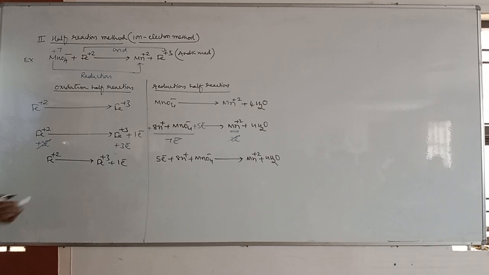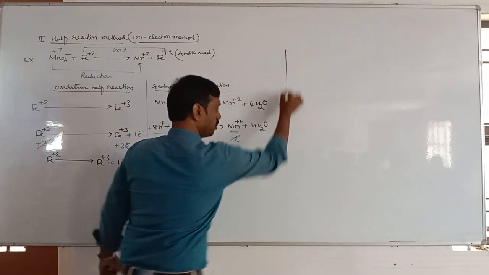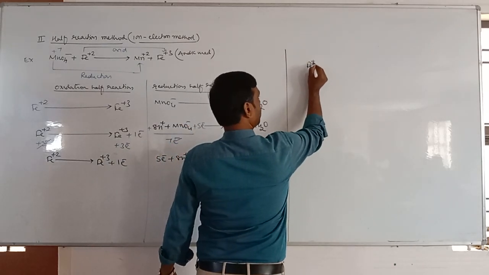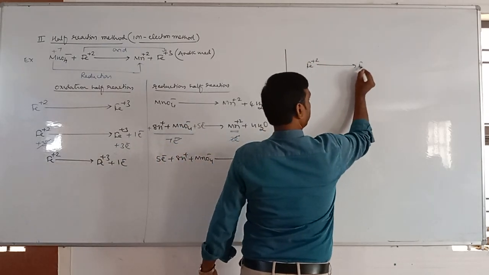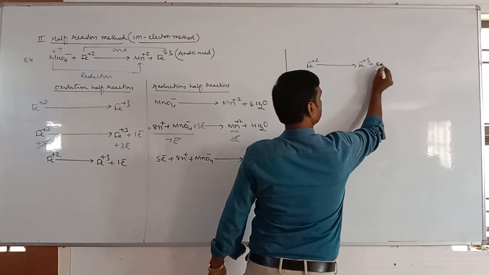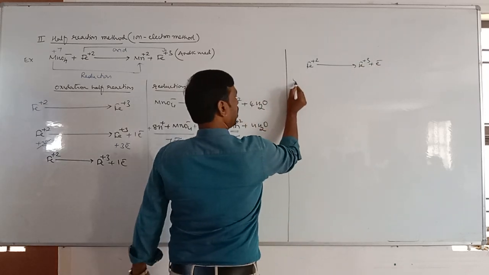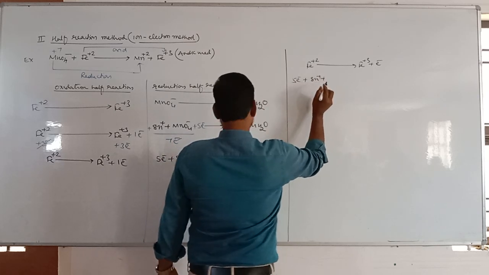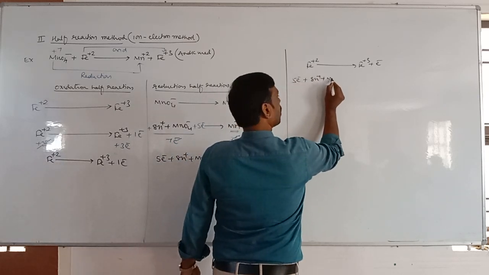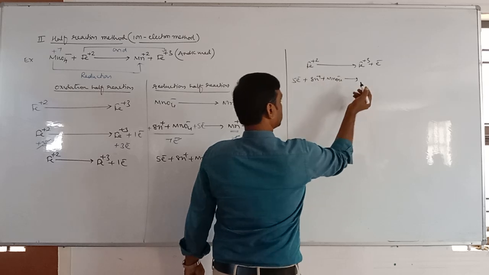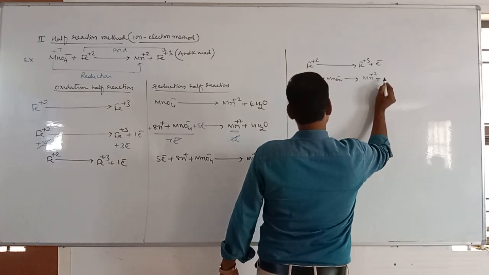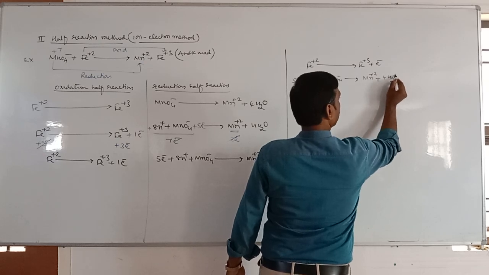Then finally add the 2 half equations. The oxidation half equation is Fe plus 2 gives rise to Fe plus 3 plus 1 electron, and the reduction half equation is 5 electrons plus 8H plus MnO4 minus gives rise to Mn plus 2 plus 4H2O.